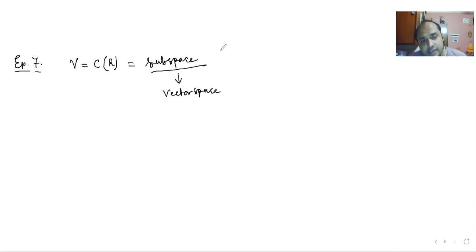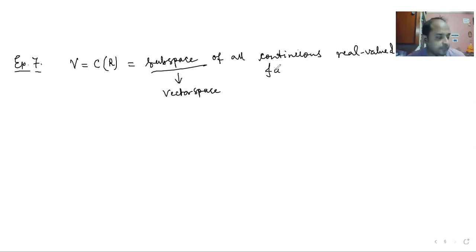So this is a subspace of all continuous real valued functions. This particular set has been considered, and the vector space is also mentioned in the definition in example 7.